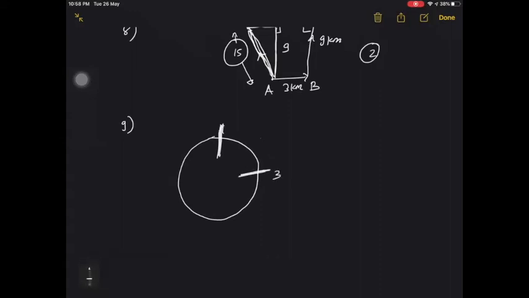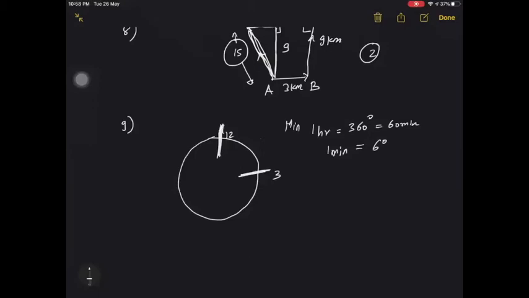So it's 3 o'clock, 12. The hour hand will start from 3. So what do I know is in 1 hour, the minute hand will complete the whole 360 degrees, which means in 60 minutes, this is what I'm talking about, a minute hand. So in 1 minute, the minute hand will be traveling 6 degrees.